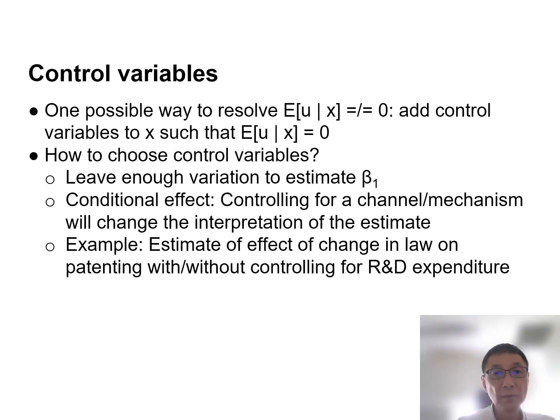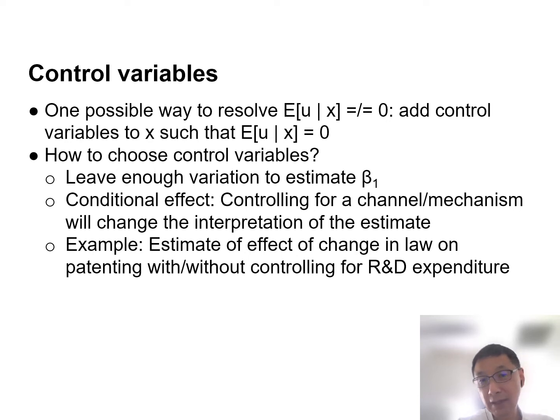One possible way to help resolve the issue of confound, that is the expectation of u conditional x is not equal to 0, is to add control variables to x. So we had thought in the first discussion we posed x as being one explanatory variable, but it could be expanded to include additional control variables.